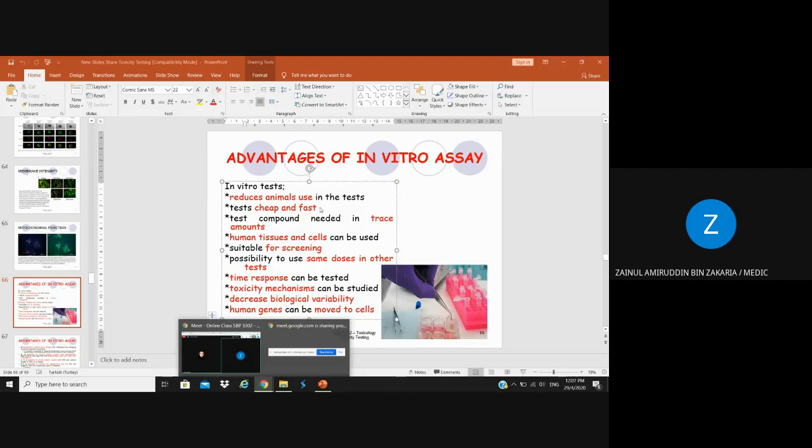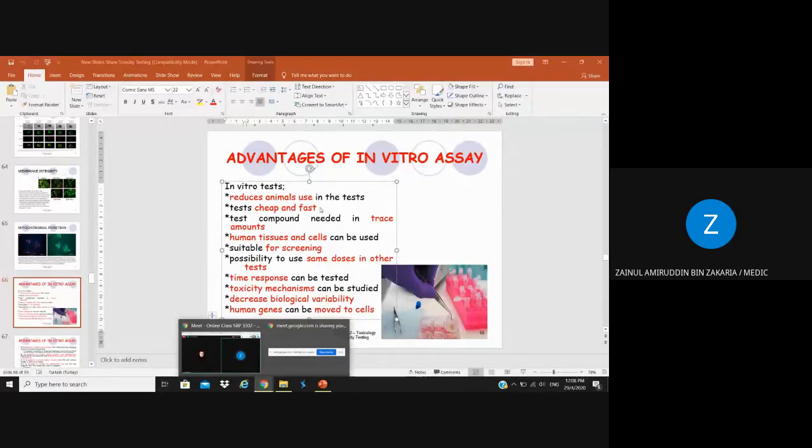If you need that flow cytometer, like in our faculty, it is in the lab of Associate Professor Dr. Maha, in the Department of Pathology, if I'm not mistaken. So if you need to use this kind of machine, you need to book with Dr. Maha, and then you have to bring your sample from JSB to the medical pathology department.